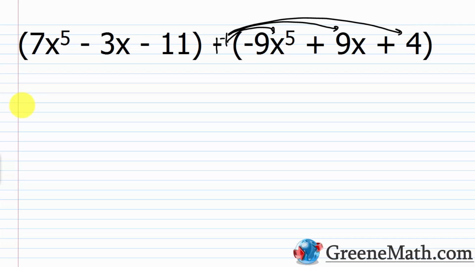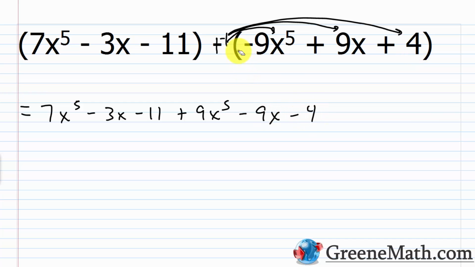So if we go through and do this, the first polynomial here, I can just drop the parentheses. I don't need to do anything. So 7x to the 5th power minus 3x minus 11. Now I want to change the sign of each term by distributing my -1. So -1 times -9x to the 5th power would be plus 9x to the 5th power. -1 times 9x would be minus 9x. -1 times 4 would be minus 4.